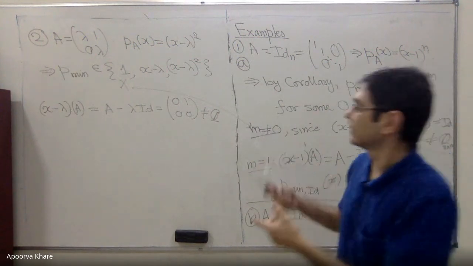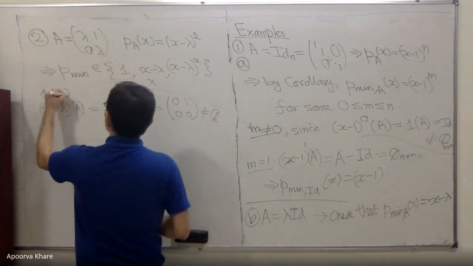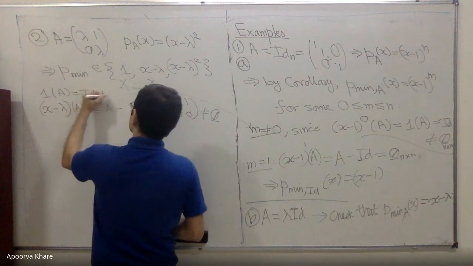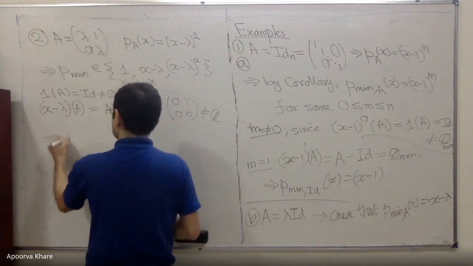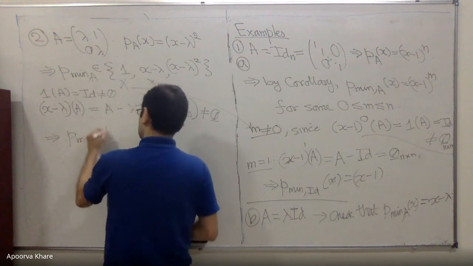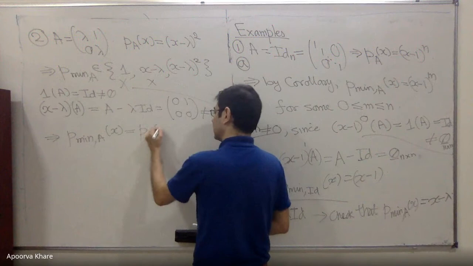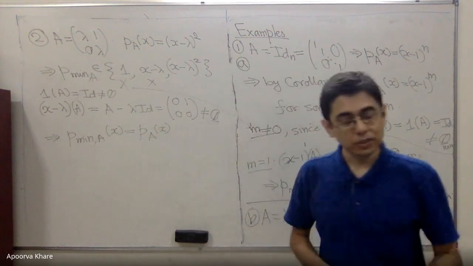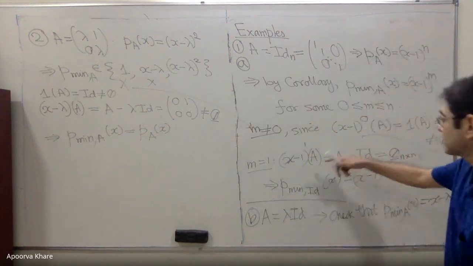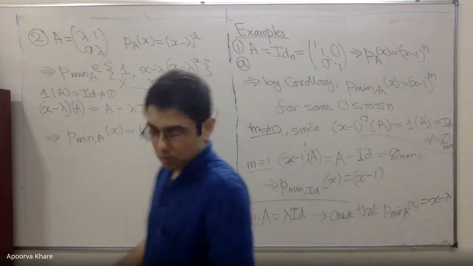And therefore we are done. The first two are ruled out, which means that P min comma A of x is actually the characteristic polynomial itself. So sometimes it is true that it's the characteristic polynomial, and sometimes it is not the characteristic polynomial, but a factor. Okay, so that's the second example.